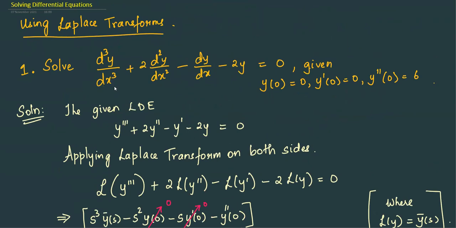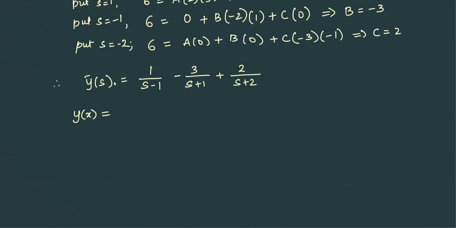If it is a function of time, then you have to write in terms of t. Otherwise, y of x is the Laplace inverse of y bar of s. This is easy. Laplace inverse of 1 by (s - 1) is e^t, minus 3 times Laplace inverse of 1 by (s + 1) is e^(-t), plus 2 times Laplace inverse of 1 by (s + 2) is e^(-2t).